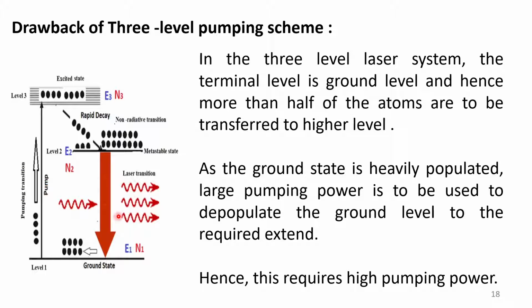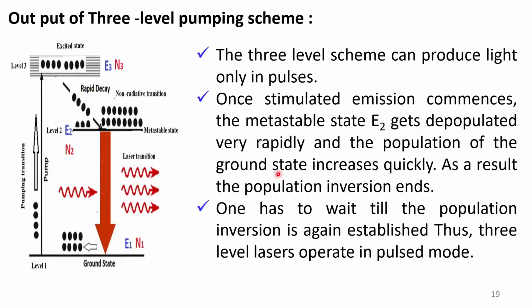Then it will maintain the population inversion between the metastable state and the ground state energy. And for that, it needs high pumping power. So this is one of the major drawbacks of the three-level pumping scheme. To maintain the population inversion, it requires high pumping power, and due to that, its efficiency also decreases.